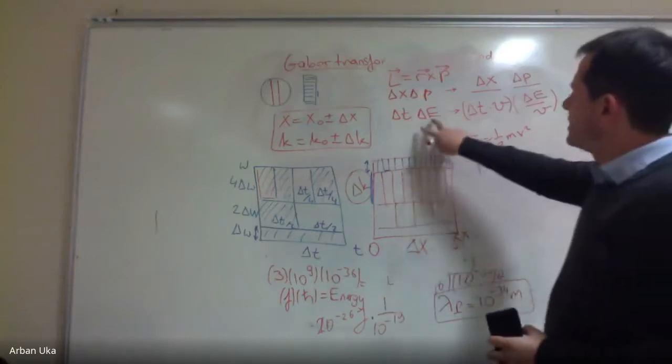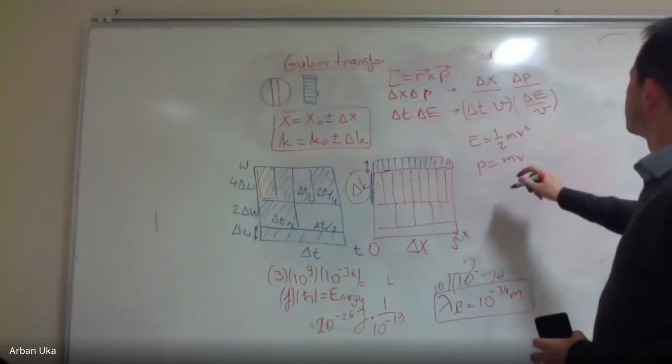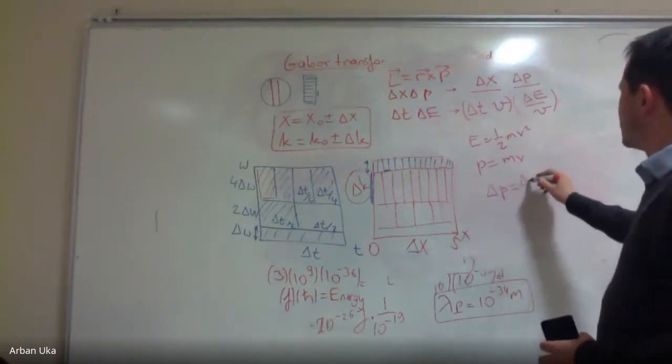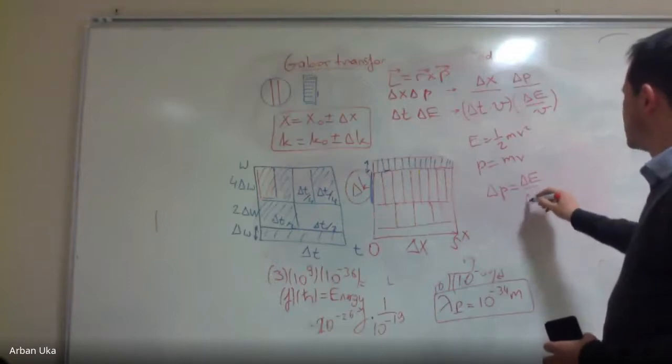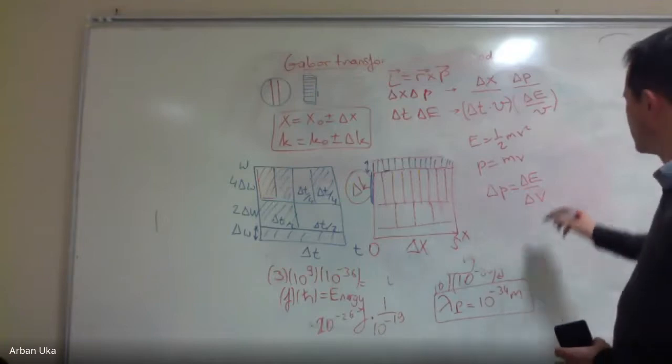If we think of these like derivatives, for example, delta E, we can write the following. Delta P is equal to what? Delta E over delta V. Right? Now you don't have 1/2.